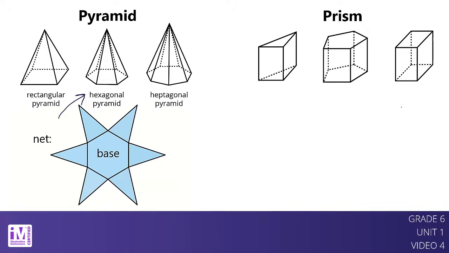A prism is a type of polyhedron that has 2 bases that are identical copies of each other. The bases are parallel and are connected by rectangles or sometimes parallelograms. A prism is also named for the shape of its bases.